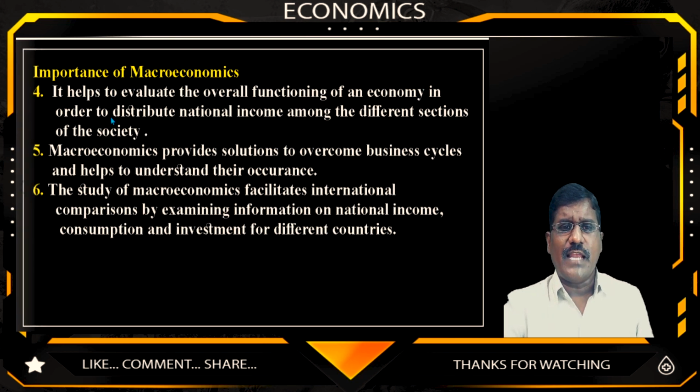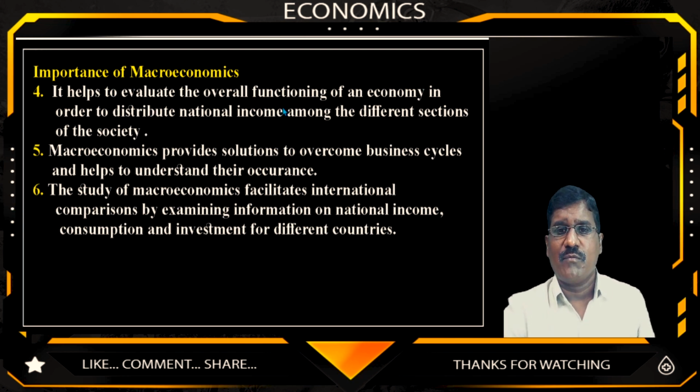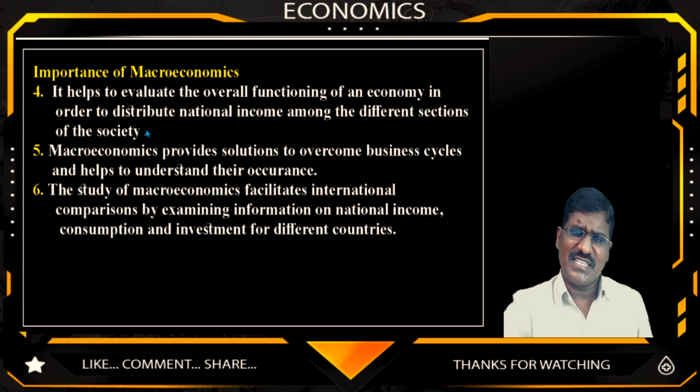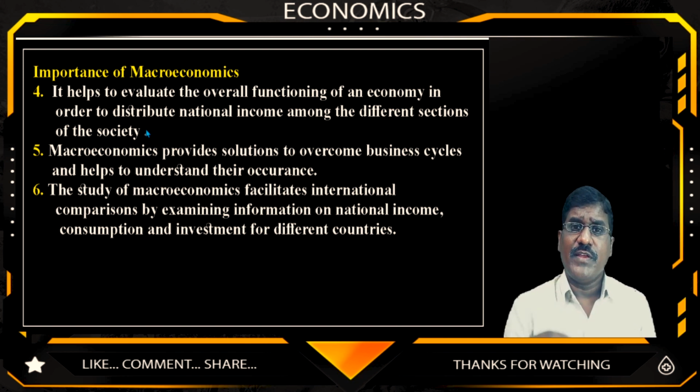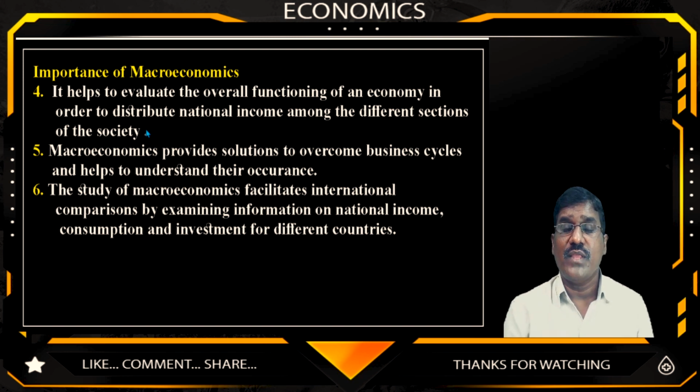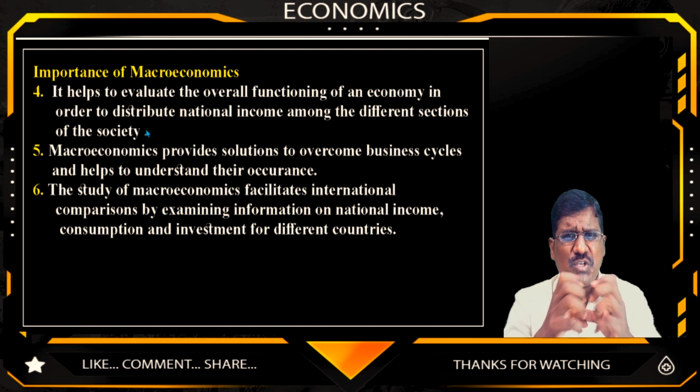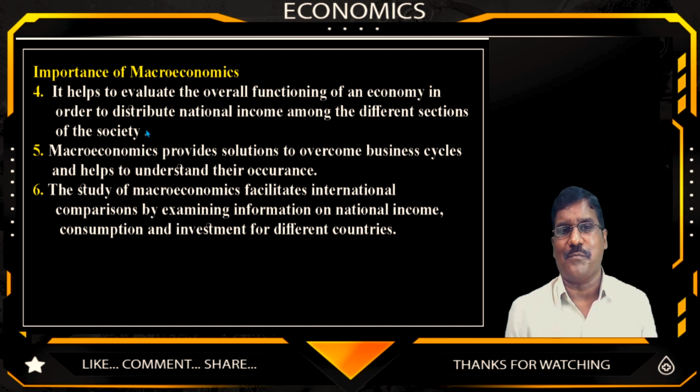Then it helps to evaluate the overall functioning of an economy in order to distribute the national income among the different sections of society. Yes, we are getting the national income. By getting the national income, the poor people get a low level of income, and the rich people get a high level of income. So how is the national income distributed among the total population of the country?